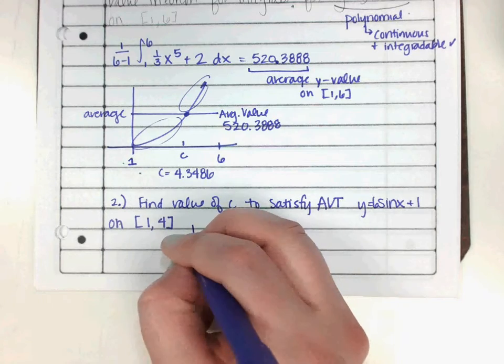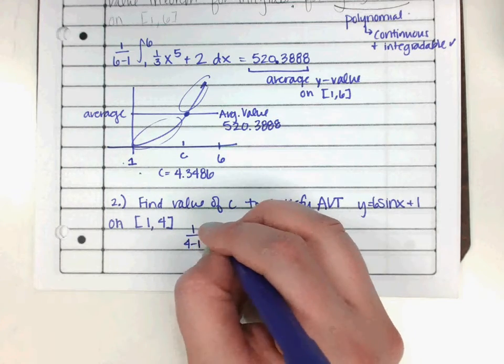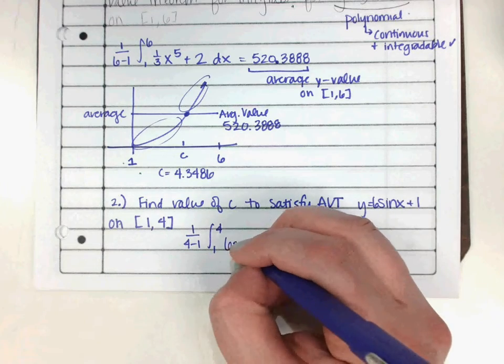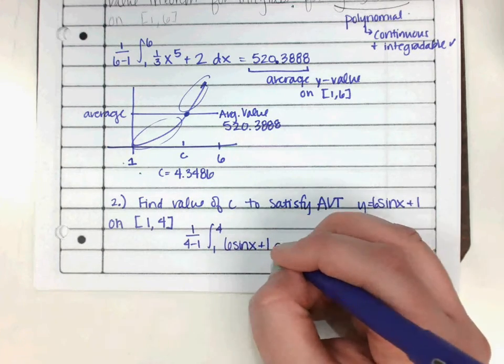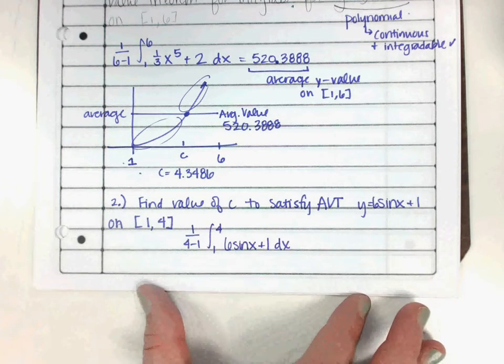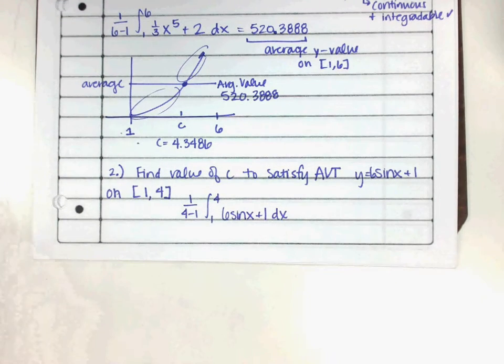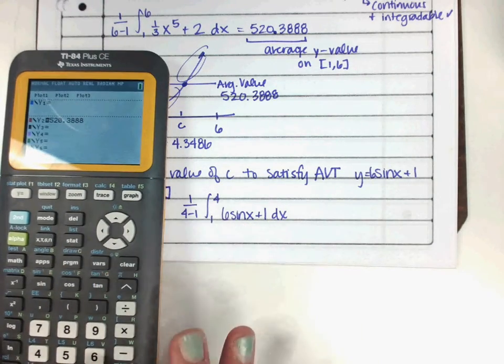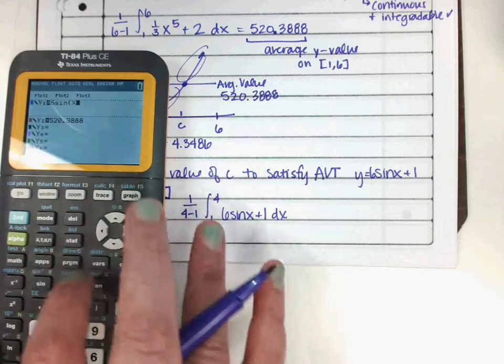Okay? So the first thing that I'm going to do is I'm going to find my average value. 1 over 4 minus 1, integral 1 to 4. My function was 6 sine x plus 1 dx. And I'm going to calculate what that average value is on that interval. Okay? So let me type that in here. We're doing 6 sine x plus 1.